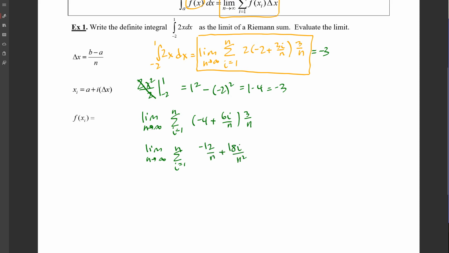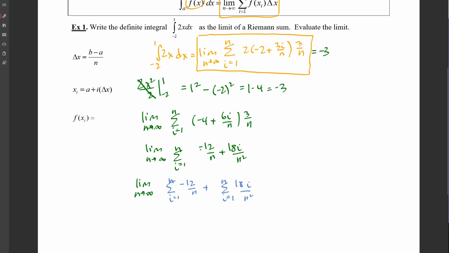Now summations, they act a lot like integrals, okay? So this is actually a buy one, get one free problem. So I can distribute that summation. So this is the limit as n goes to infinity of the summation i equals 1 to n of -12 over n plus the summation i equals 1 to n of 18i over n squared.